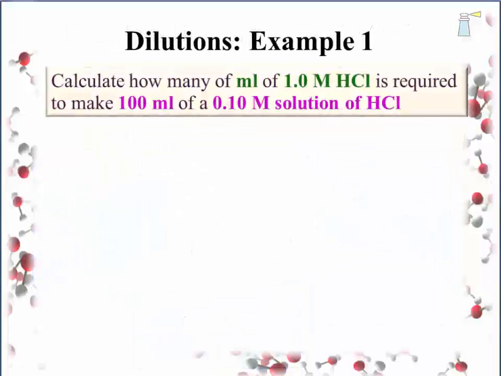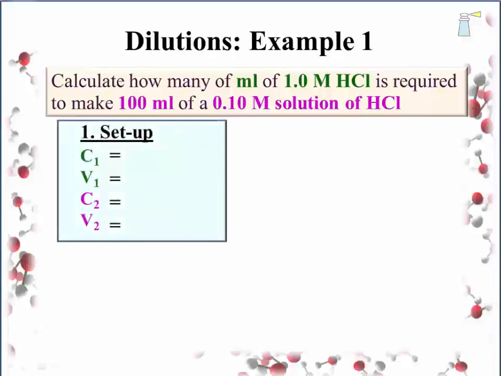Calculate how many mL of 1.0 molar HCl is required to make 100 mL of a 0.1 molar solution of HCl. This is one of the problems that uses molarity as a concentration scale. Begin with the setup. What is known and not known in this problem?